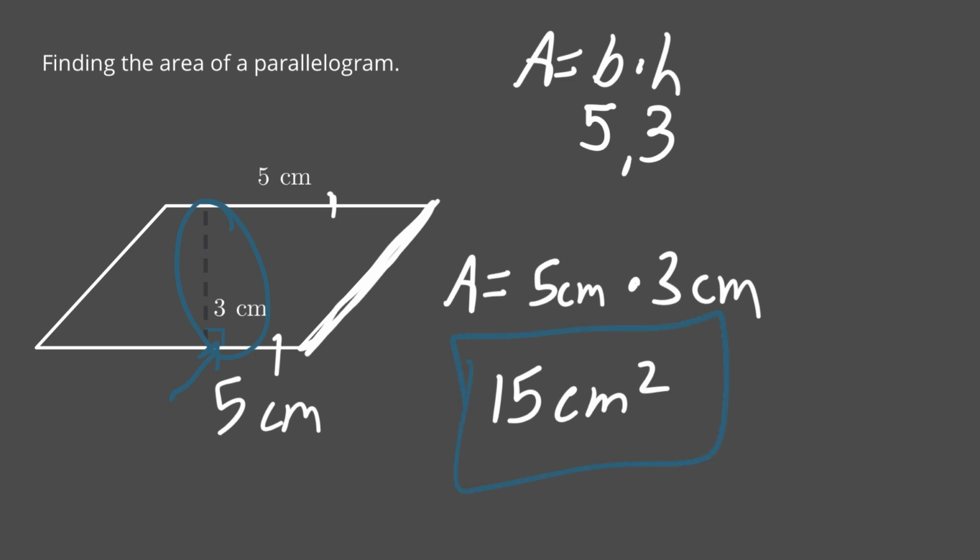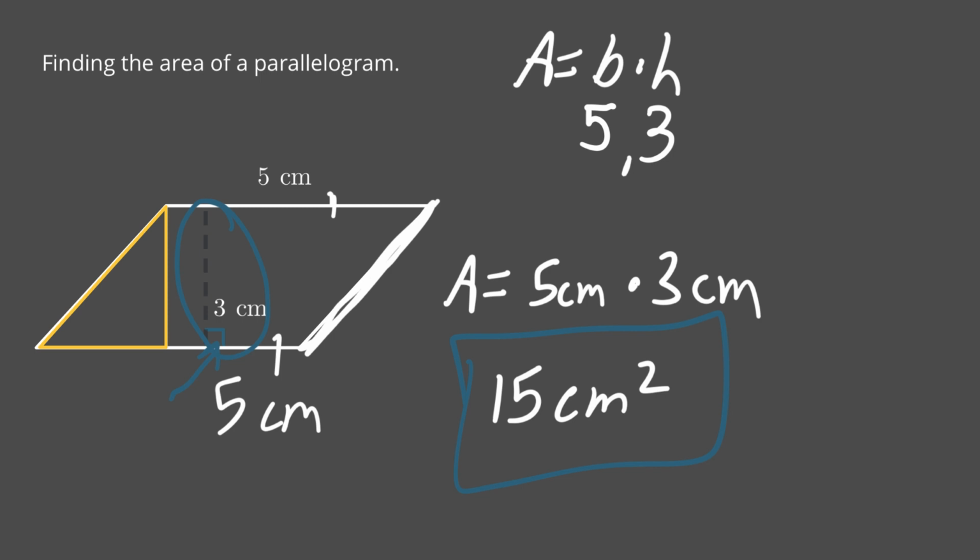Now you may be wondering, how does the same formula work for a different shape? Well, let me prove it to you. I have drawn a yellow triangle in the left corner of the parallelogram. That triangle fits perfectly into the space of that corner.